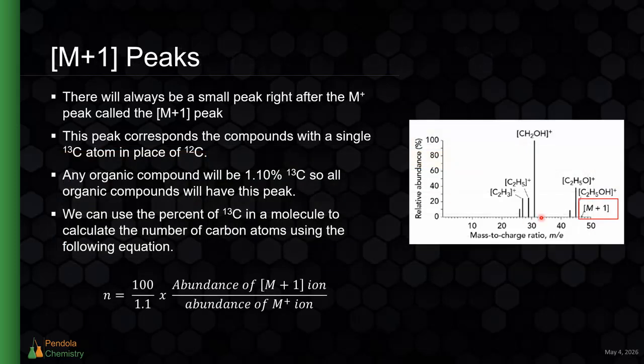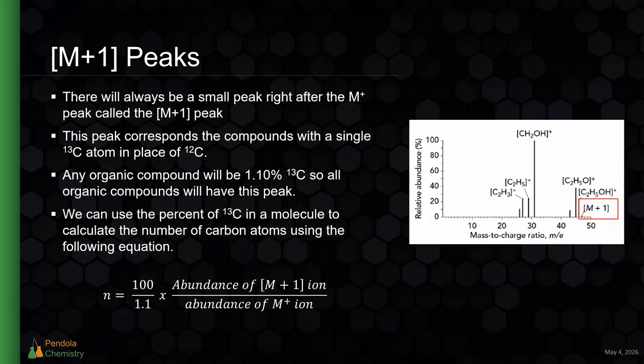Now, like I said earlier, there is usually going to be a very small peak, 1 up from the M plus peak. So we can see here, right? We have that M plus peak right here, and I'll actually cover that with my red box here.